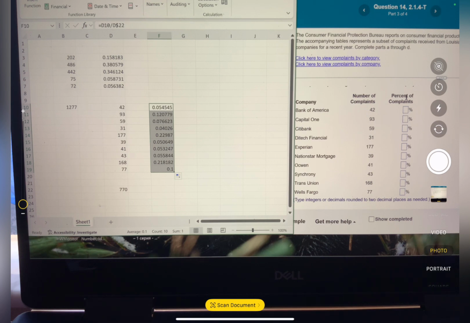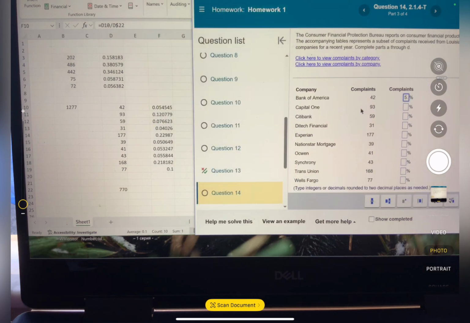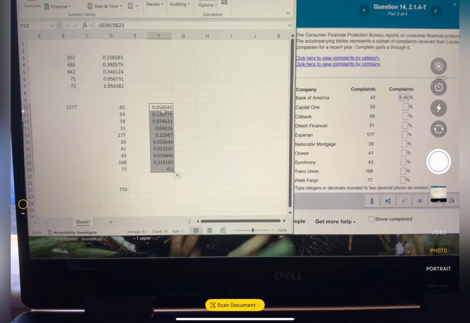So first it's going to be 5.46, since 0.545 rounds up. Here you have 5, round it, it's going to be 6. So 5.46.